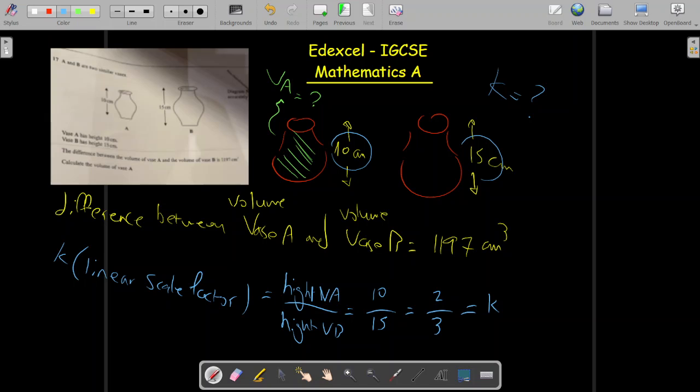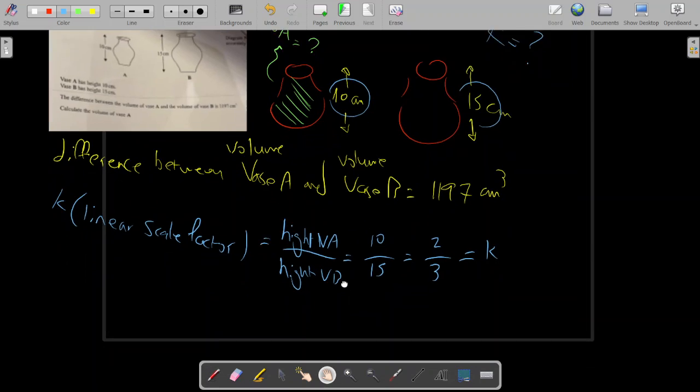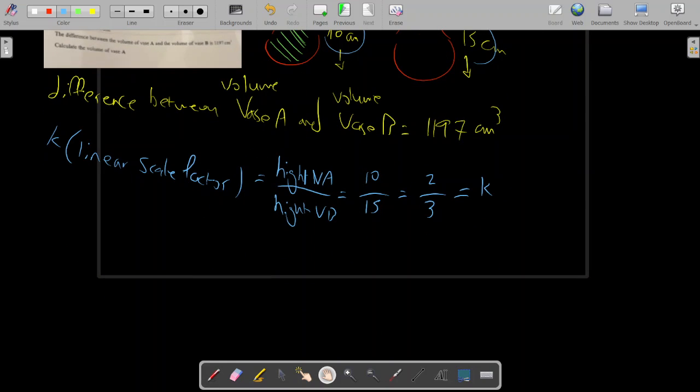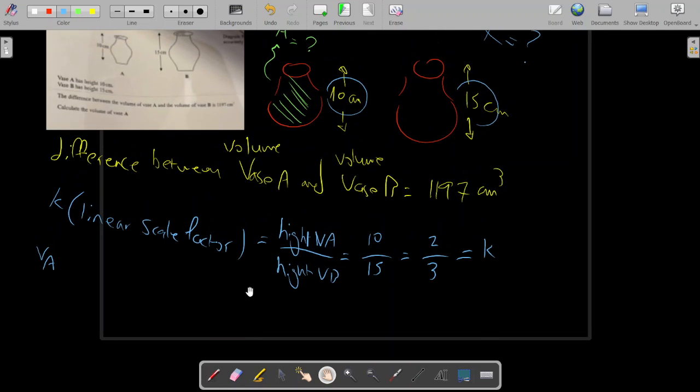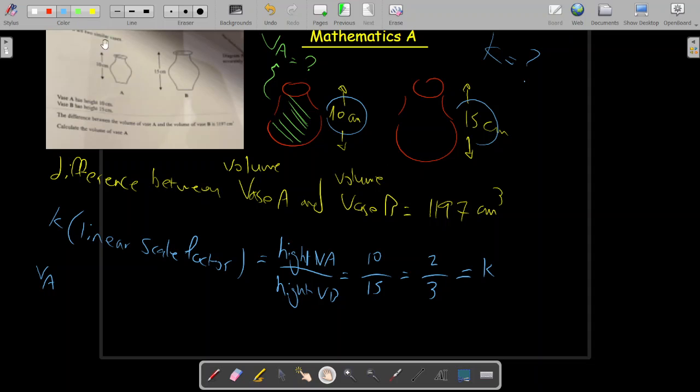Now I'm going to use this fact, and the other information. The other information is saying that the volume of A, I need you to pay attention to this. The shape that is bigger than the other is B. Since we are talking about a positive difference, this is representing VB minus VA.